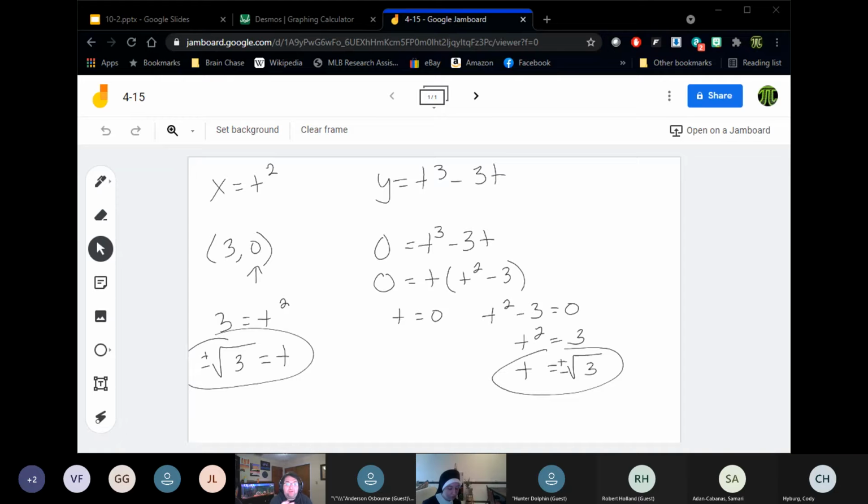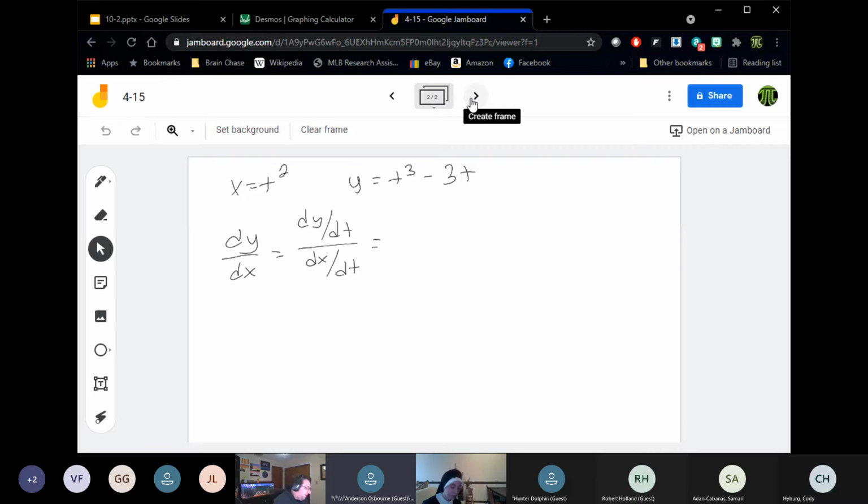Next, we have to find the derivative of my parametric equation. I've got x equals t squared and y equals t cubed minus 3t. My derivative dy/dx is dy/dt over dx/dt. We can't see what you're writing right now. Oh, I switched screens. There we go.